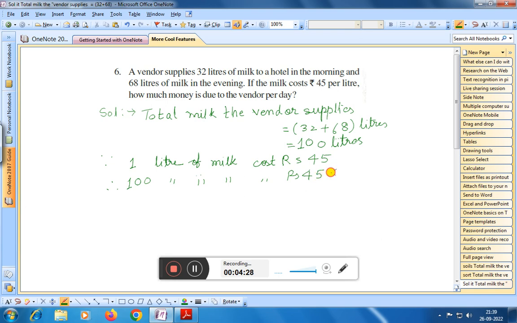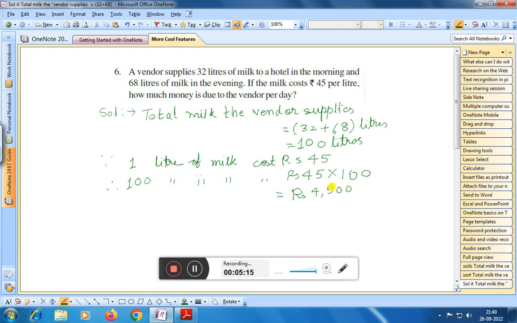into 100. Therefore, we are getting rupees 4,000 500, 4,500.